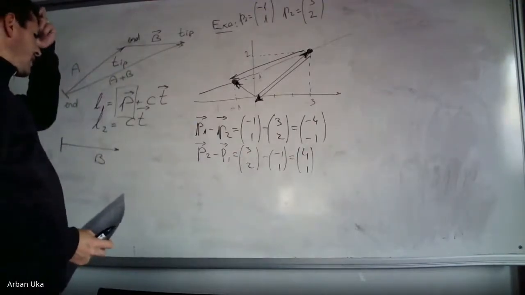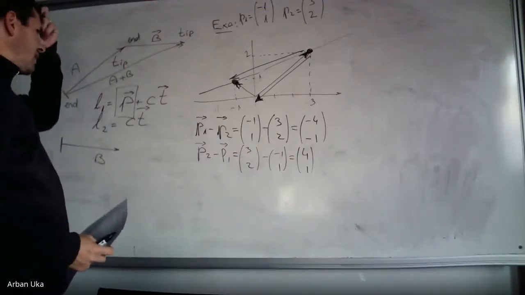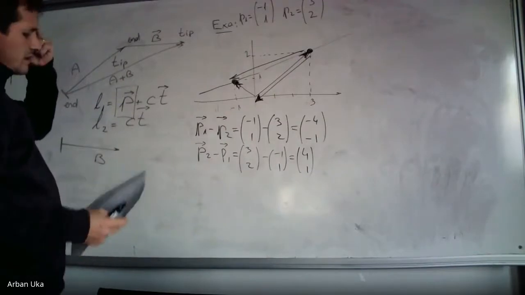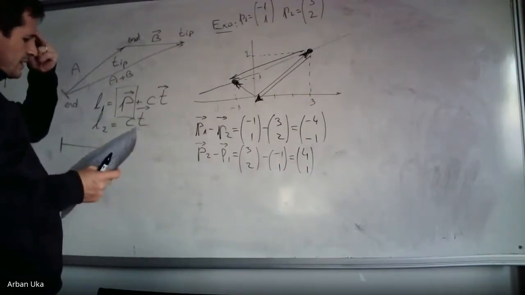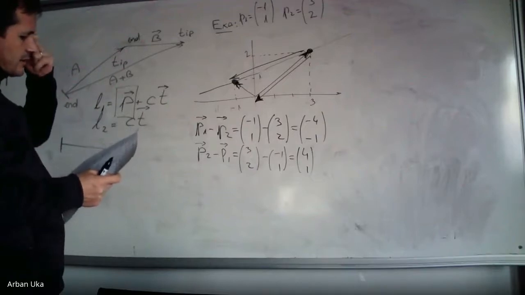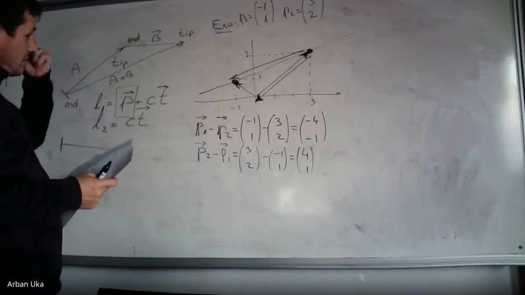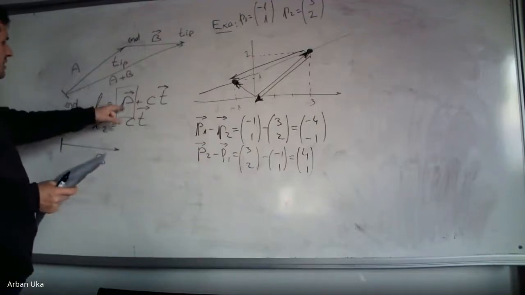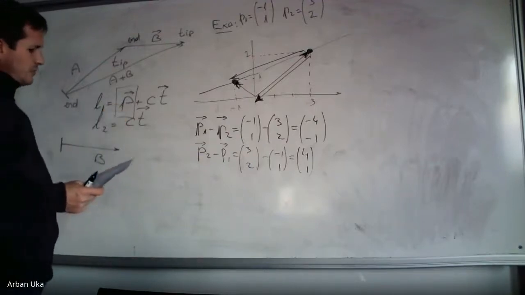So, okay, we found at least the direction this line is passing through, and we need to identify P. So the next question is that we need to identify P. What is P?